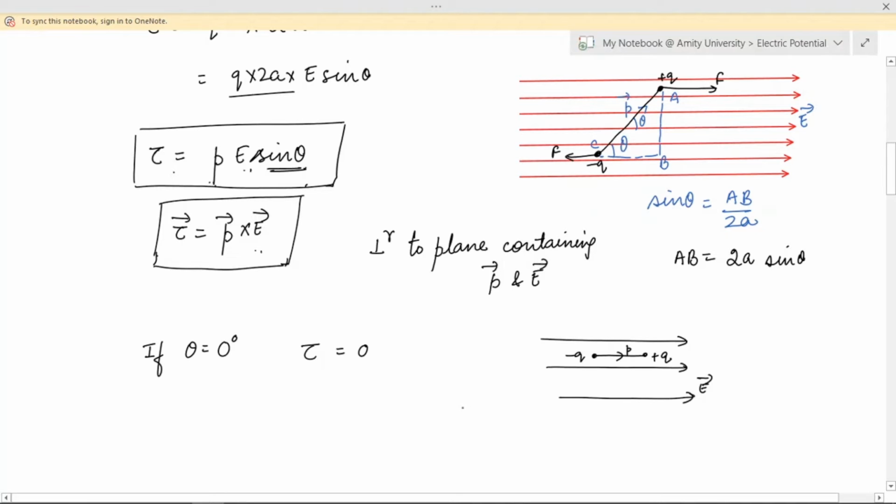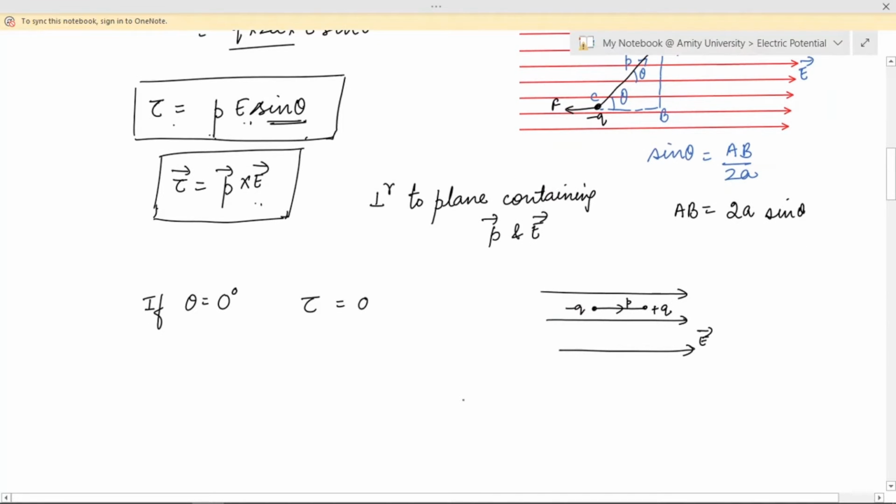If it experiences a torque, obviously it is going to rotate. Like if we apply a force on a body, it has a tendency to move in a straight line in the direction of the applied force. Similarly, if we apply a torque on a body, it has a tendency to rotate. But here since torque is 0, it will stay in equilibrium position.